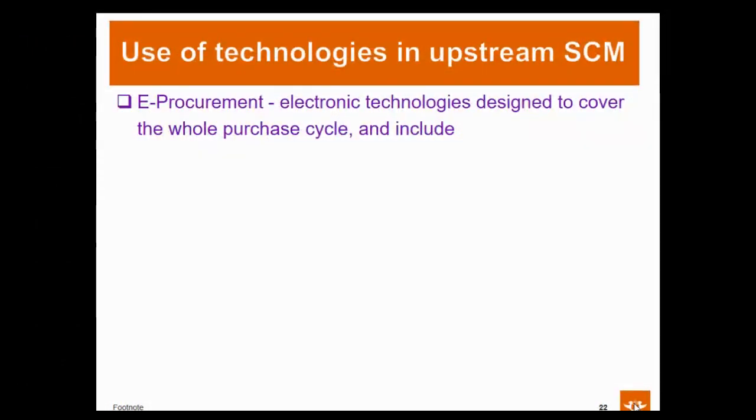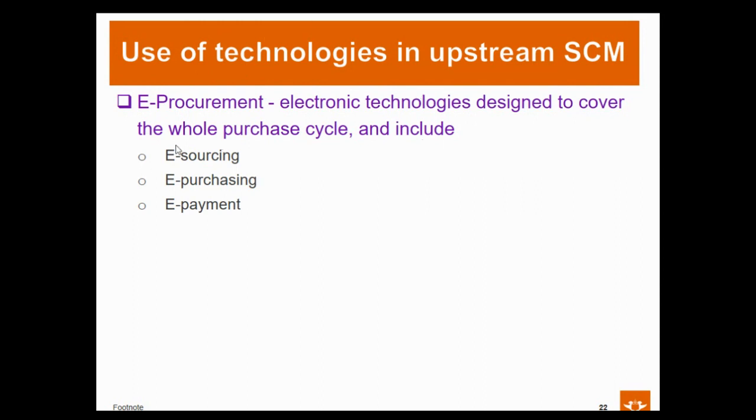The use of technologies in upstream supply chain management is referred to as e-procurement. E-procurement is the electronic technologies designed to cover the whole purchase cycle, and it includes e-sourcing, which is sourcing of suppliers online.